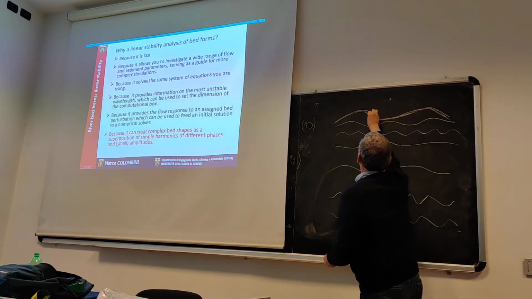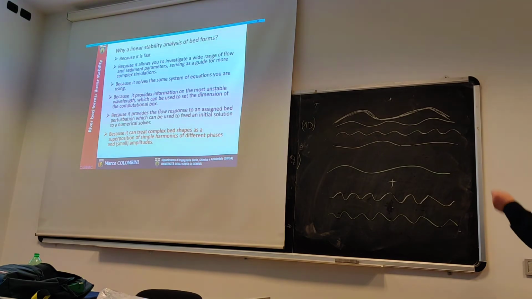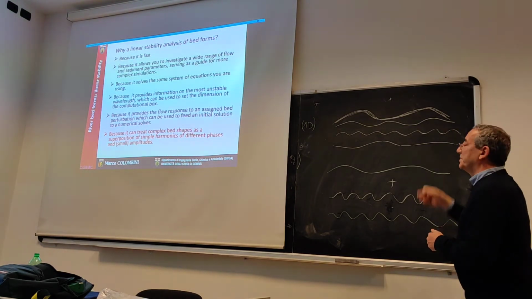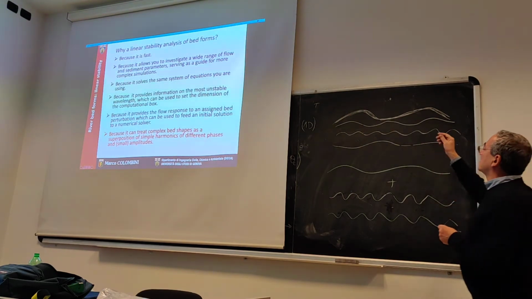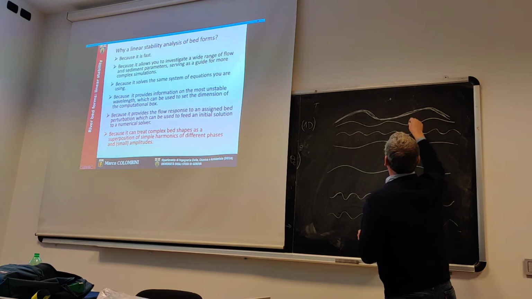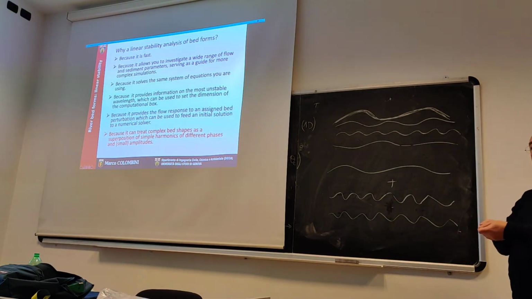I know this sounds awful, but try to follow me. And I don't want you to be able to do this. I just want you to catch the idea, okay? So you have this one, you decompose it in a sum of sine and cosine, shorter and longer.